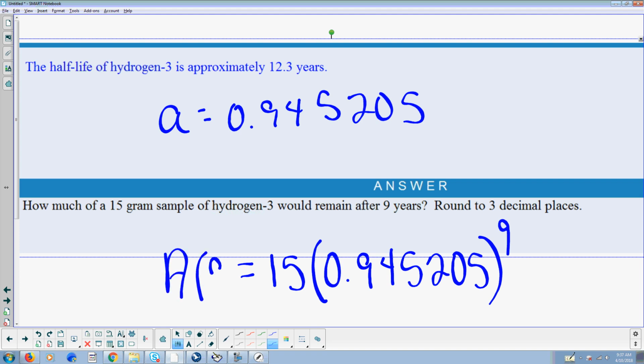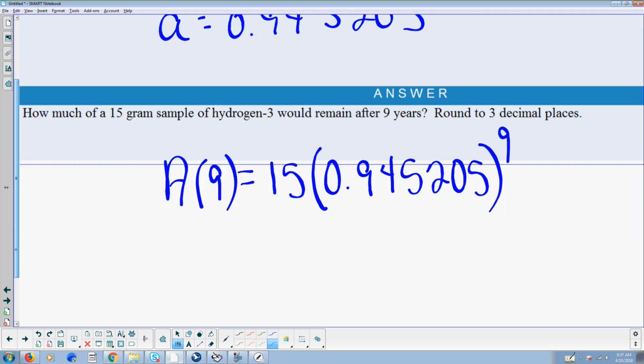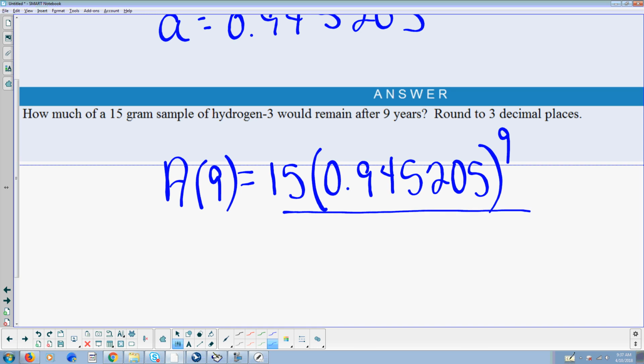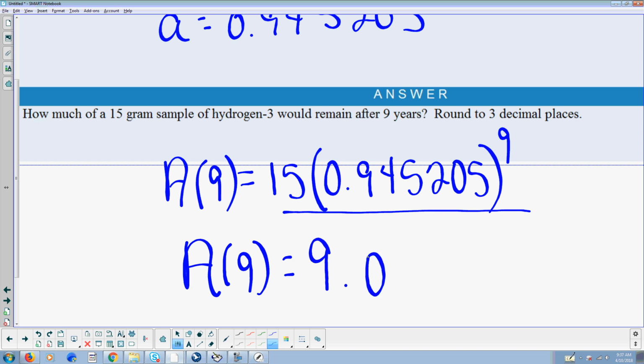So we're just going to input this into the calculator and round to 3 decimal places. So I got the amount after 9 years would be 9.028, so I'm going to say 9.033.